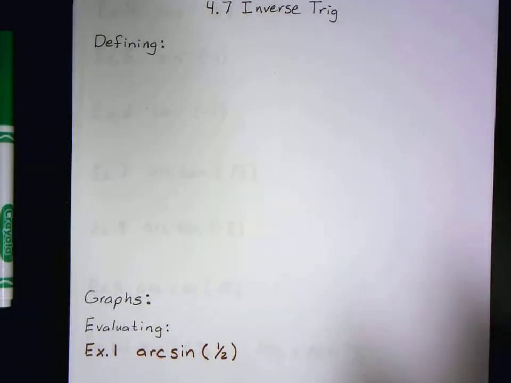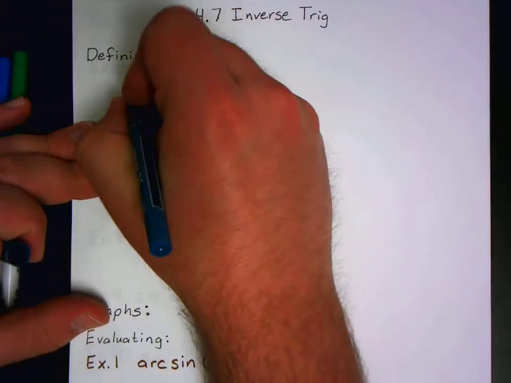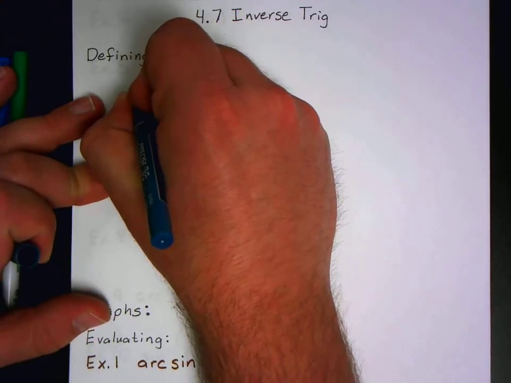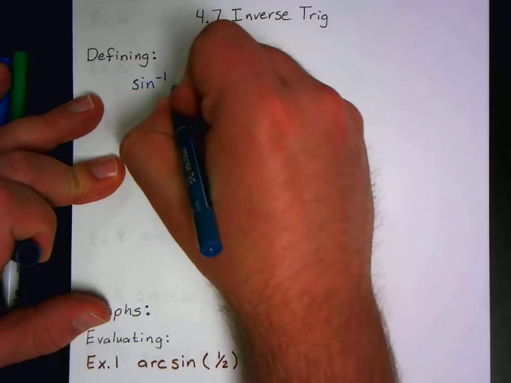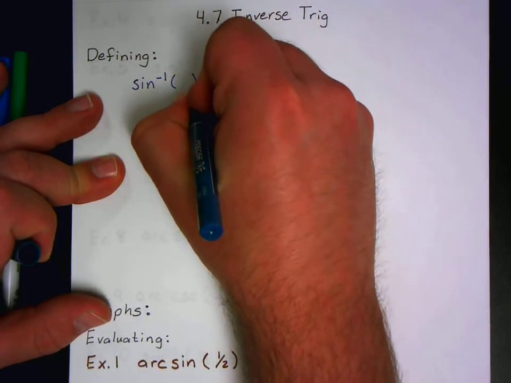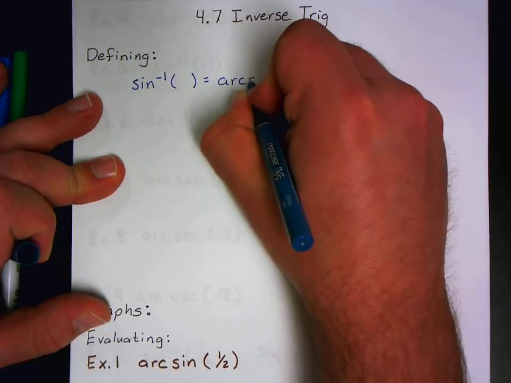Okay, the other part of this is I just want to go over some terminology. On your calculator, you're going to see it represented like this. It can also be represented like this, which your book likes using a lot.